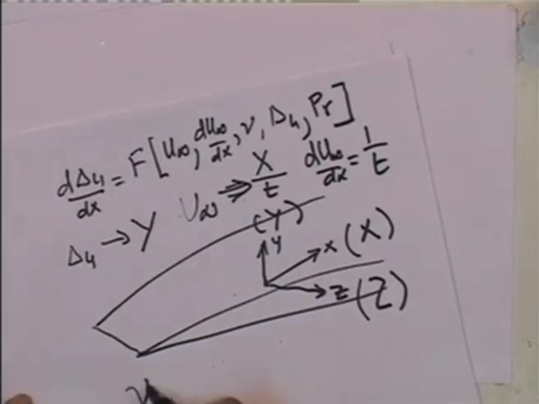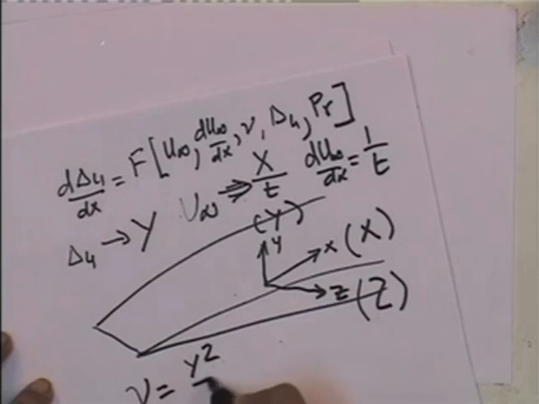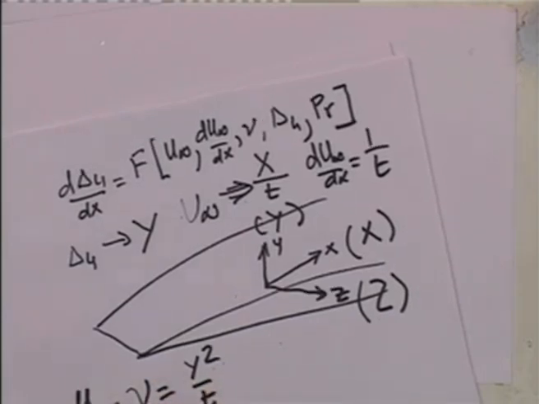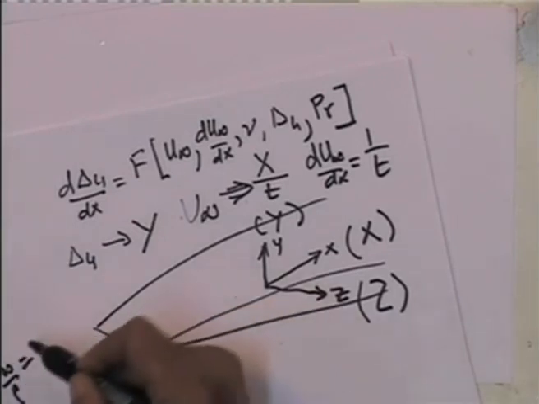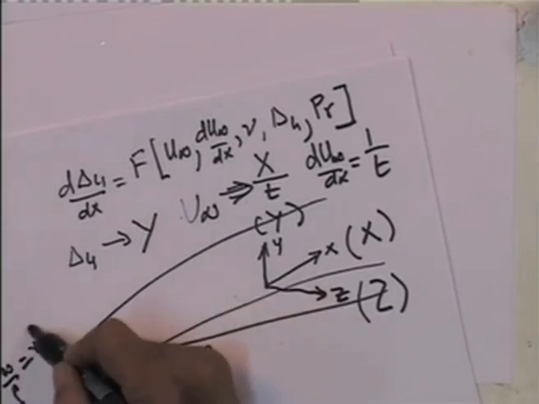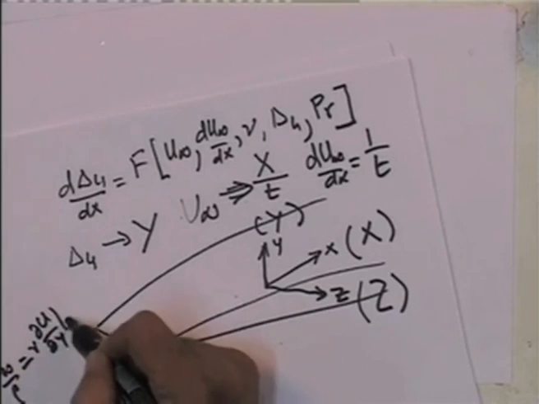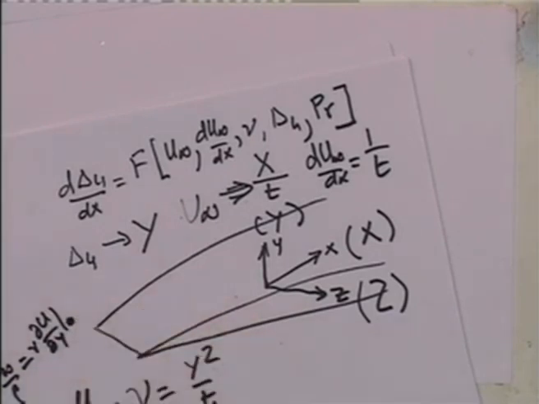Nu would be y squared by t, because this is kinematic viscosity, mu by rho, and the shear stress tau wall by rho equals nu times du by dy at y equals 0.